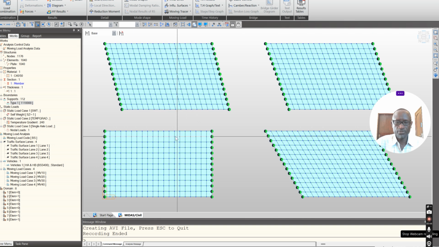I have normal, this is 6 meters by 10 meters. The second one is skew, 15 degree skew angle. This is 20 degree skew angle, and I jumped to 30. I wanted to look at how change of skew angle affects the response of the deck slab.